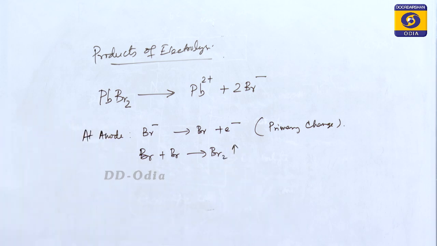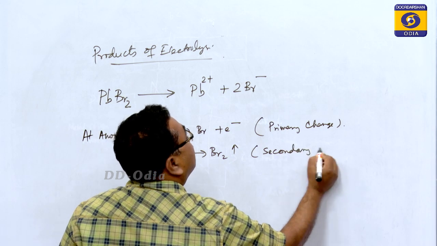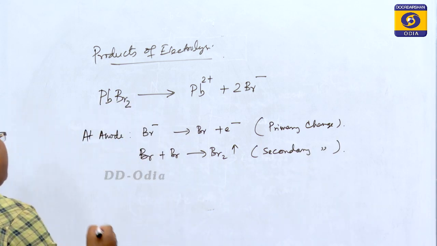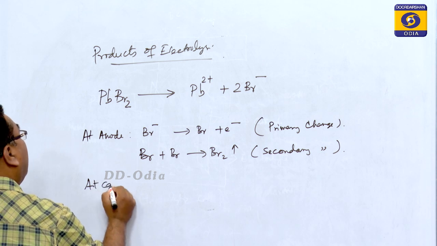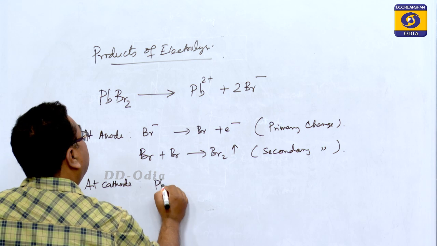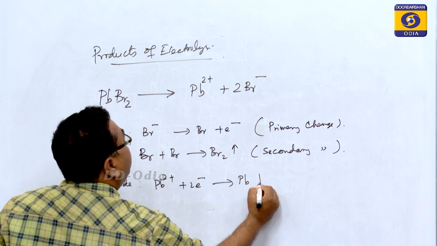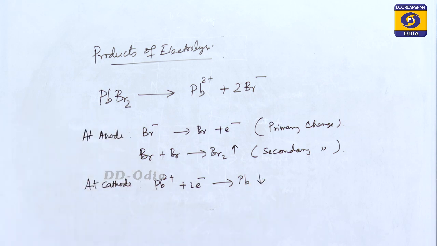This is a secondary change. At the cathode, similarly, the Pb2+ ions obtain 2 electrons, and Pb is deposited at the cathode.